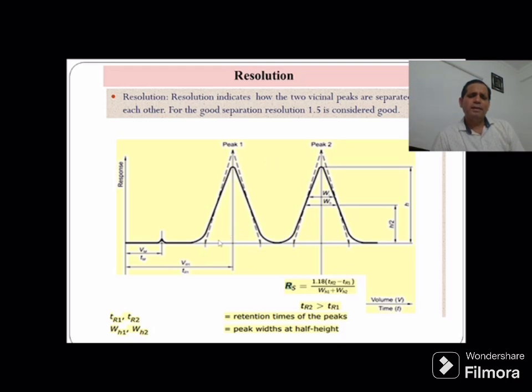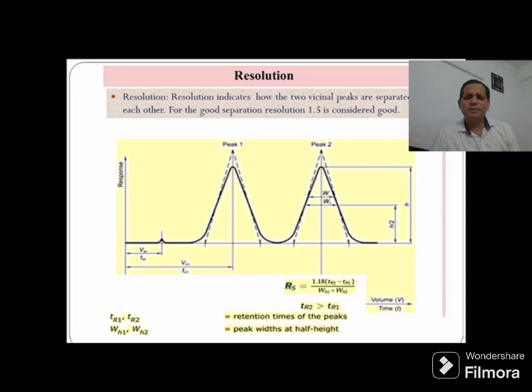Peak 1 elutes at retention time TR1 and peak 2 elutes at retention time TR2. WH1 is the peak width of the first peak at half height, and WH2 is the peak width of the second peak at half height.